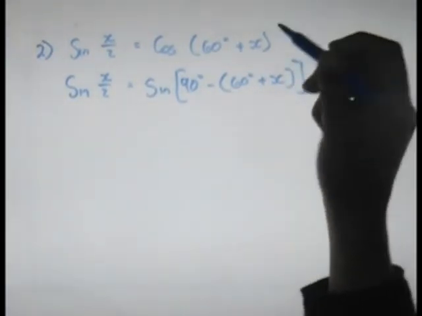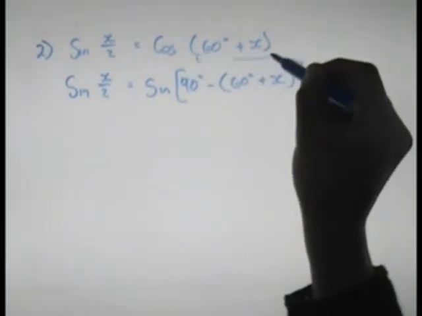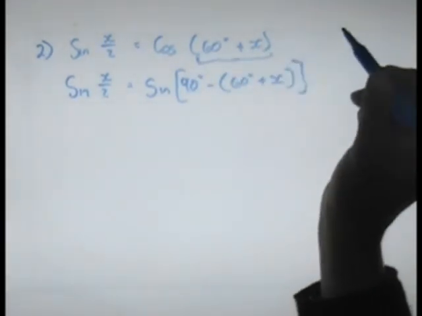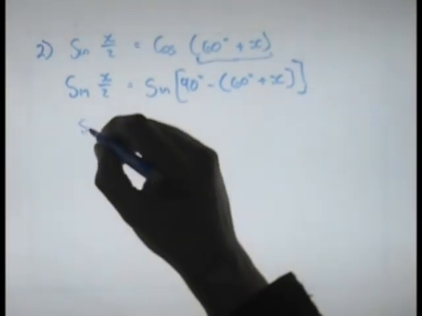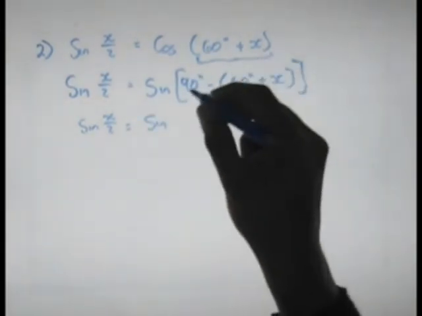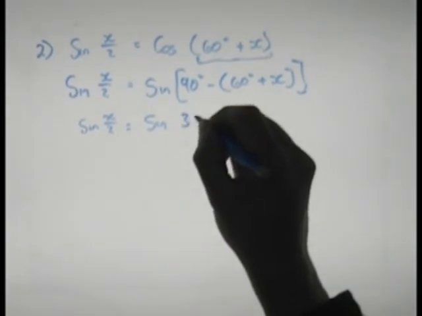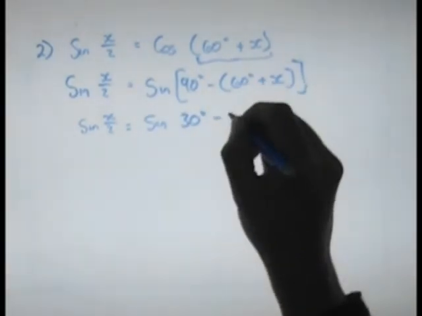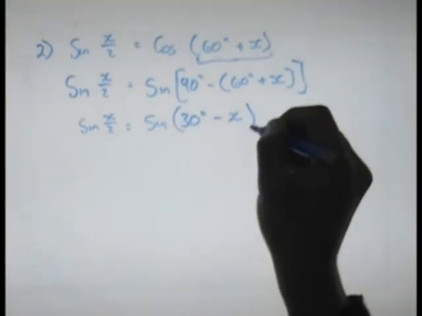Don't let the brackets confuse you. I'm still doing the same thing as previously, except now we've got a whole bracket there. This means that sine x over 2 is equal to sine 90 minus 60 is going to give me 30 degrees minus x. Minus times a plus is minus.